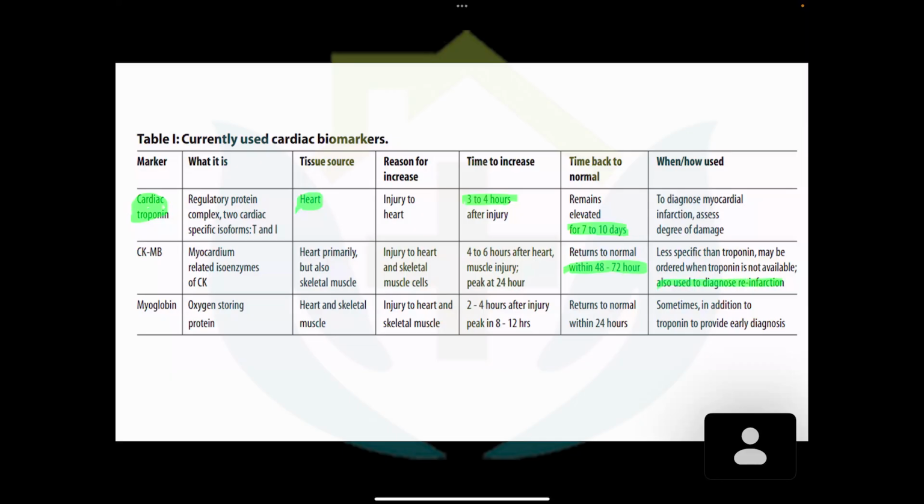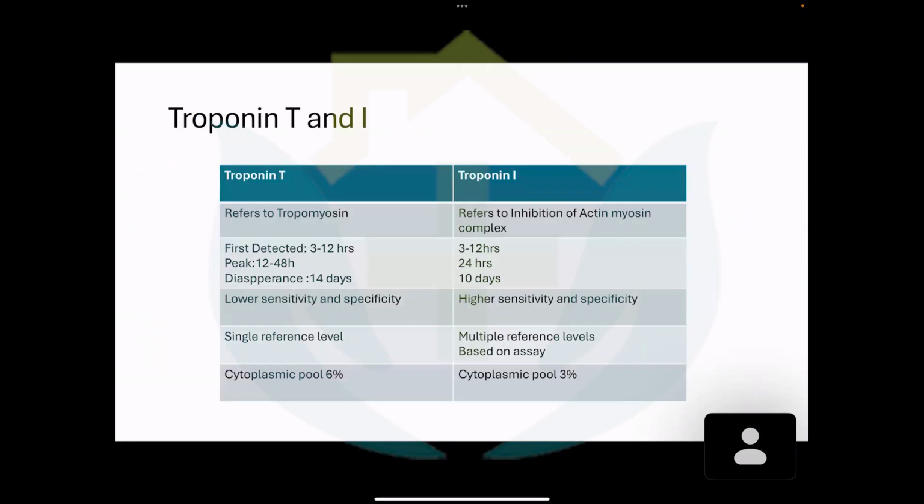If you go to the old EDIC questions, from 7-8 years back, you will see this question is very common in those times. CKMB role, because it comes back to normal in 40 to 72 hours. So reinfarction after the 3 days, if it occurs, we can usually diagnose. But because the cardiac troponin remains increased for 7 to 10 days, it is not possible to diagnose on the basis of cardiac troponin.